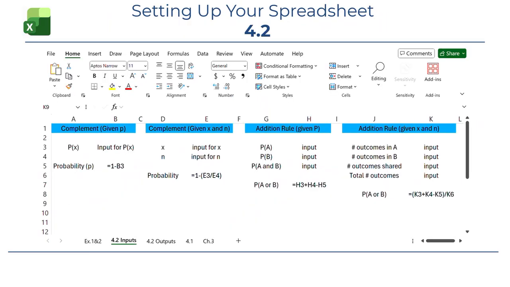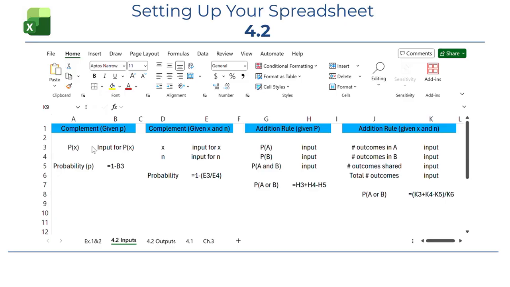We're now going to begin setting up our spreadsheet for 4.2. For right now, all we've discussed is the complement, but again, feel free to pause and set up your spreadsheet according to this template for all of section 4.2. For the complement, I actually have 2 different ways to compute this.